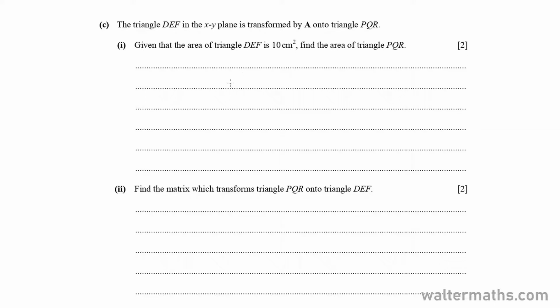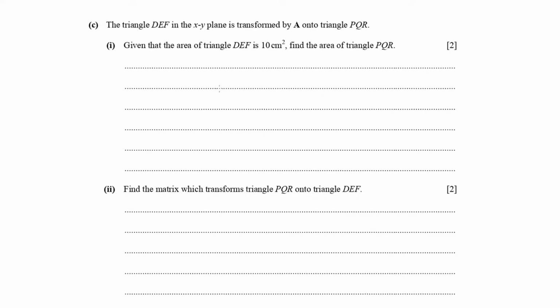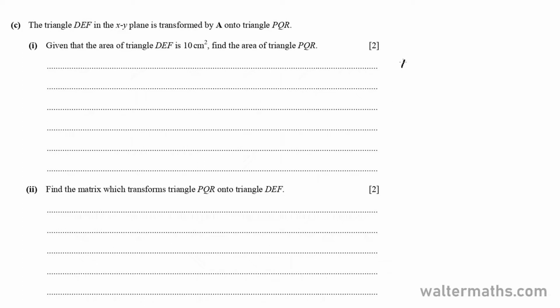Okay, so from the information given, we can see that triangle DEF is being mapped onto triangle PQR by the matrix operator A. And the original area of triangle DEF is 10 square centimeters. So they want us to find the area of triangle PQR.